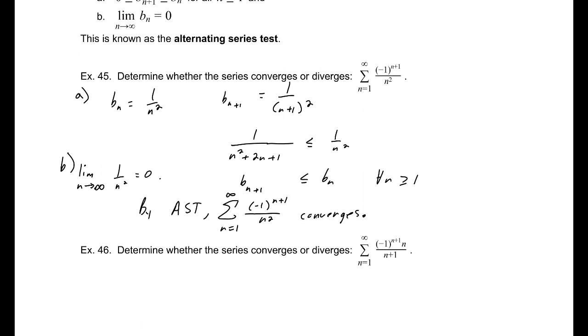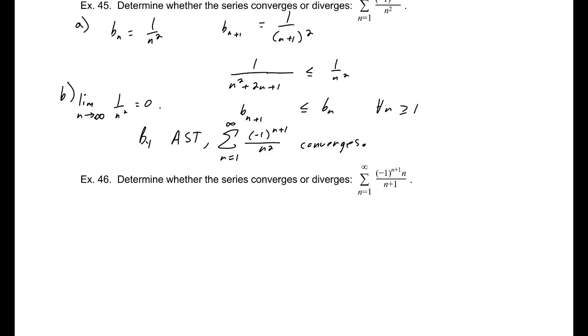Next example, we have the sum from 1 to infinity of negative 1 to the n plus 1 times n over n plus 1. First condition, b_n is n over n plus 1. Is that decreasing? All right, so b_(n+1) is n plus 1 over n plus 2. Is that, in fact, less?